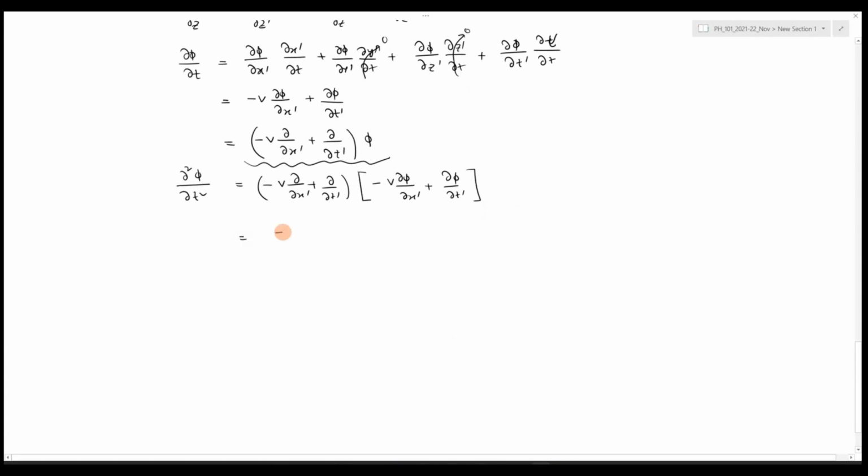So finally we will get that this is equal to v² d²phi by dx prime squared, plus d²phi by dt prime squared, minus, this term will come 2 times, so 2v into d²phi by dx prime dt prime.